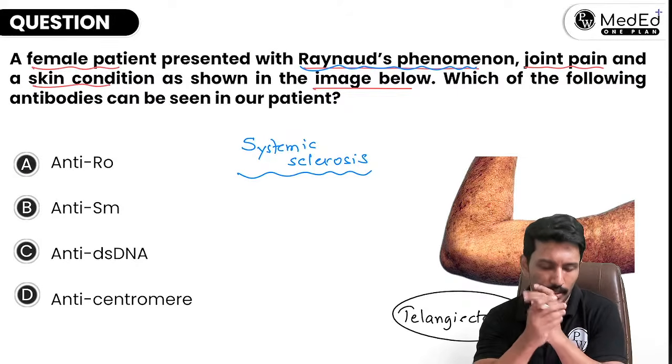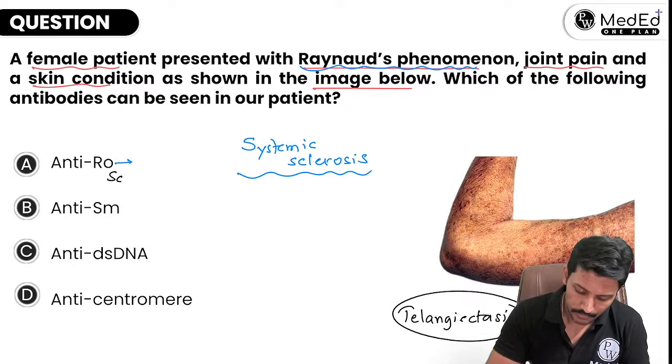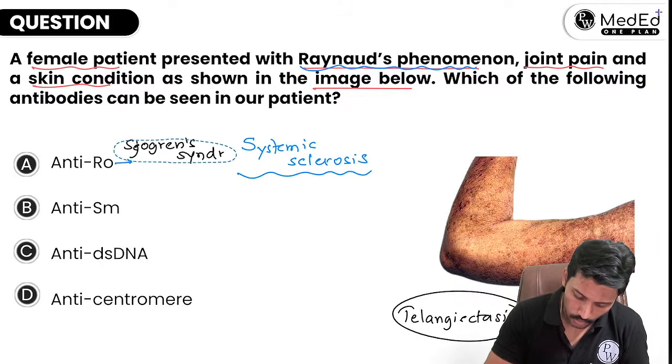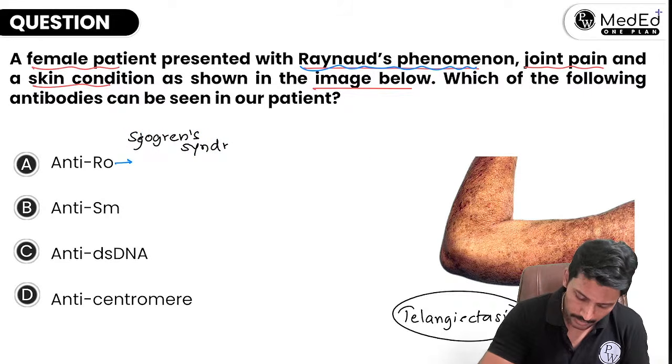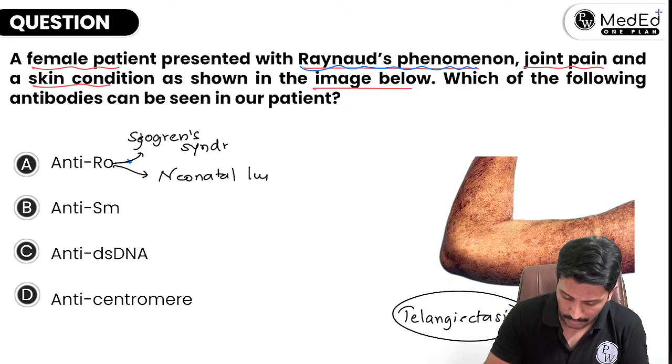What antibody is likely? Anti-Ro antibody is usually encountered in patients with Sjogren's syndrome. It is an antibody for Sjogren's syndrome, and this anti-Ro antibody also correlates with the risk of neonatal lupus if it is present in an SLE mother.